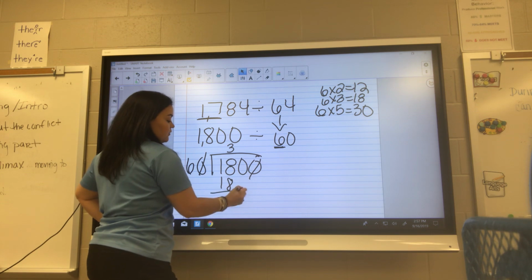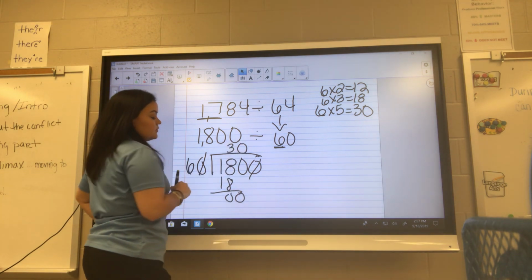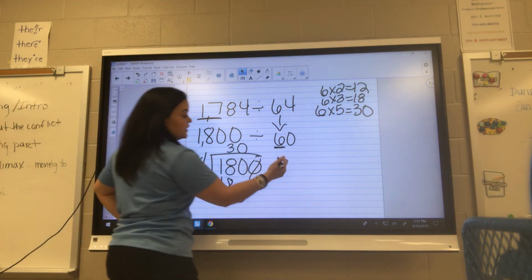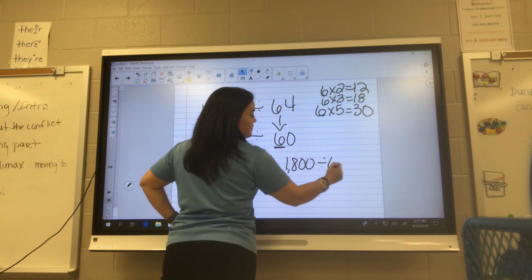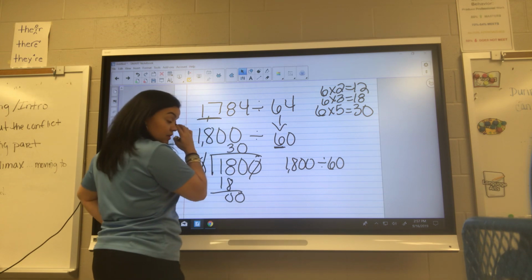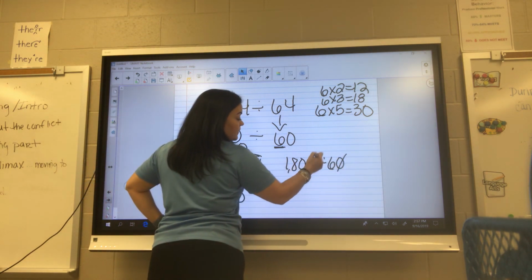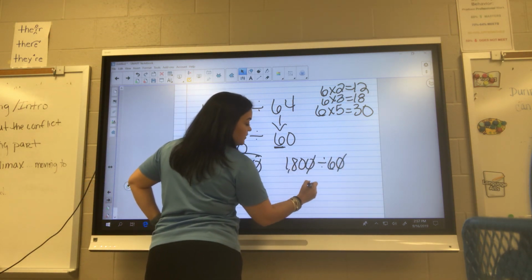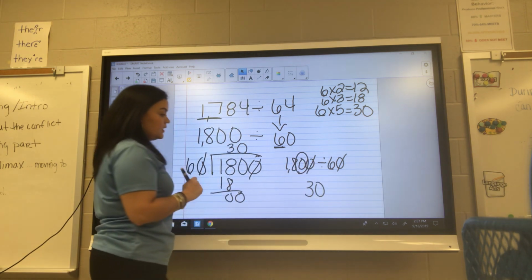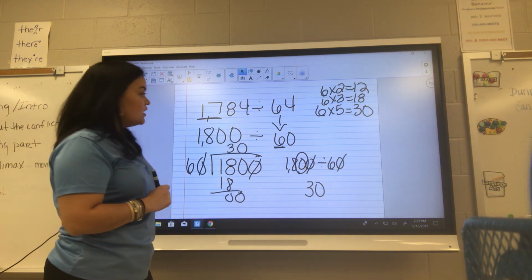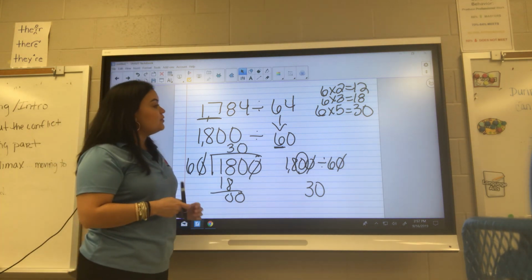And we still had that remaining 0. If you want to look at it this way, 1,800 divided by 60. The 6 and the 18 is 3. This 0 that you did not use is that. Okay, so hopefully this will be helpful to you.